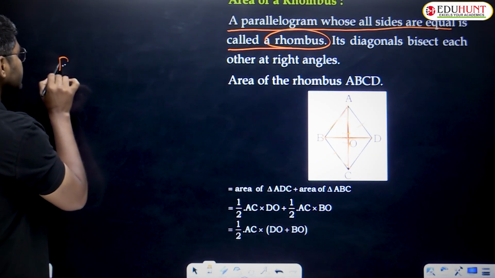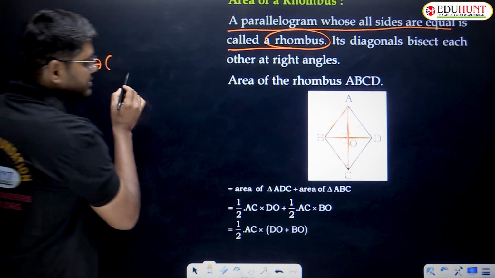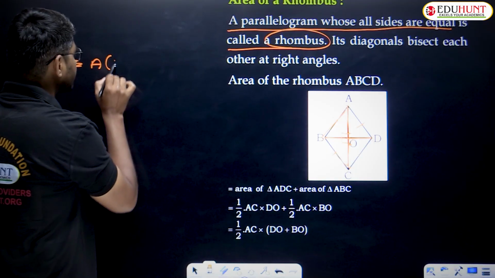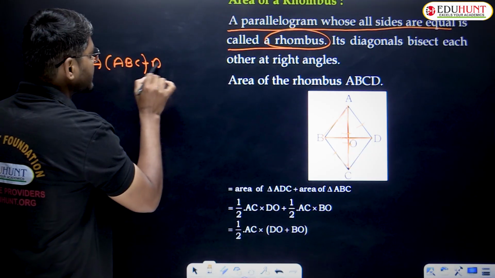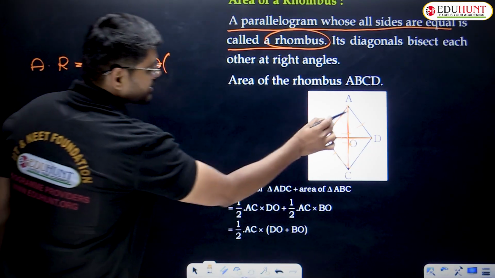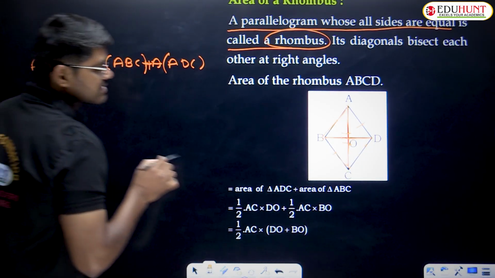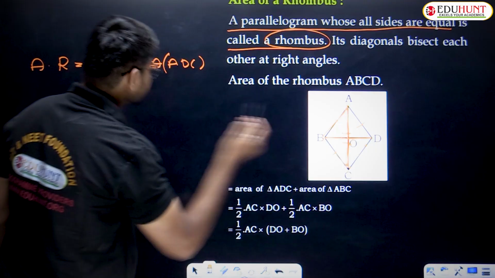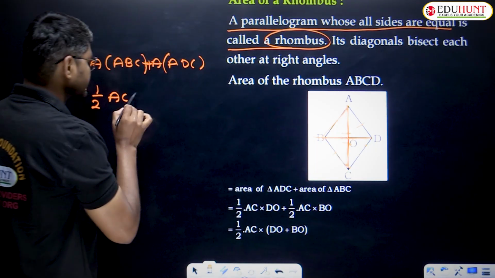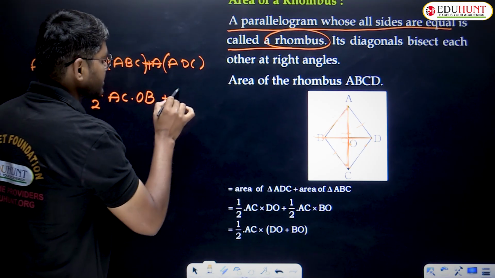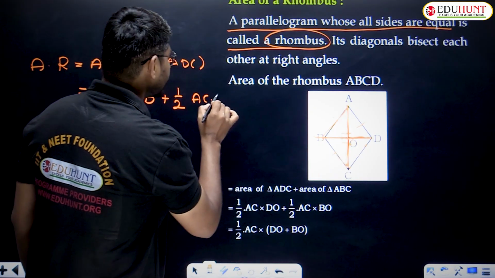So area of rhombus equal to area of triangle ABC plus area of triangle ADC. Area of triangle ABC is half into base AC, height is OB, plus half into base again AC into OD as height.